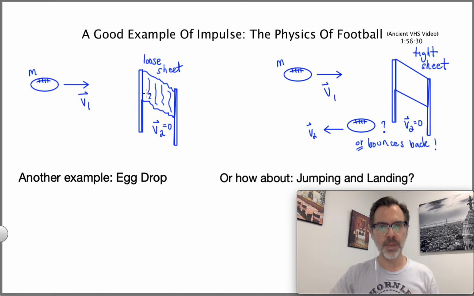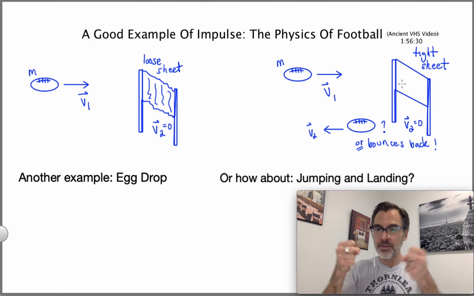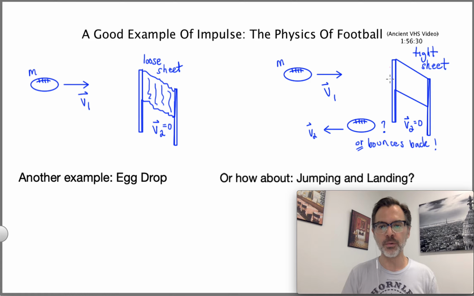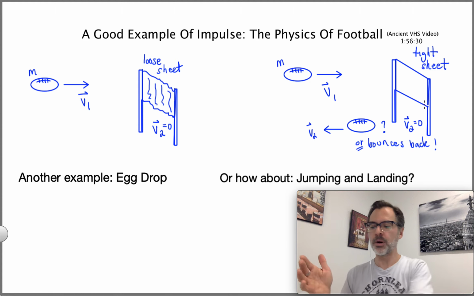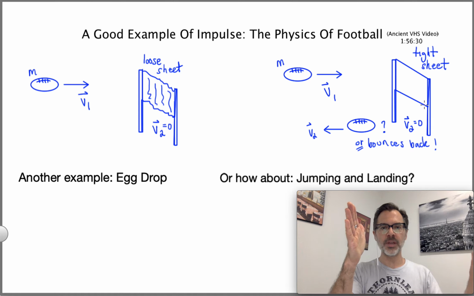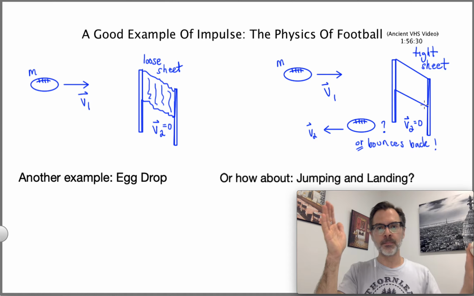Now, they repeat the demonstration, same mass football, same velocity, but this time the sheet is pulled very, very tight between the two wooden posts. Now, can you imagine what's going to happen? Well, you might imagine that the ball is going to hit the sheet and bounce off.